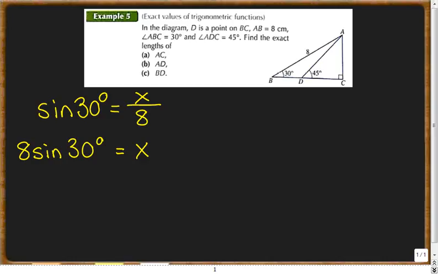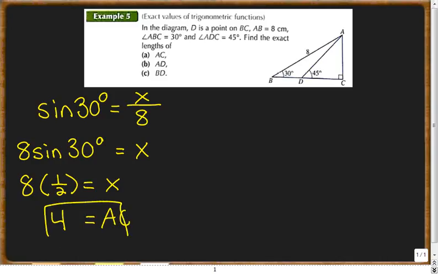But what we want to do now is actually use the unit circle and the exact value, so no calculator necessary. The sine of 30, if we think about our unit circle, is 1/2. And so in this case, we would have x to be 4, or the side AC to equal 4. So we set it up just like before, but now we're using the exact value.